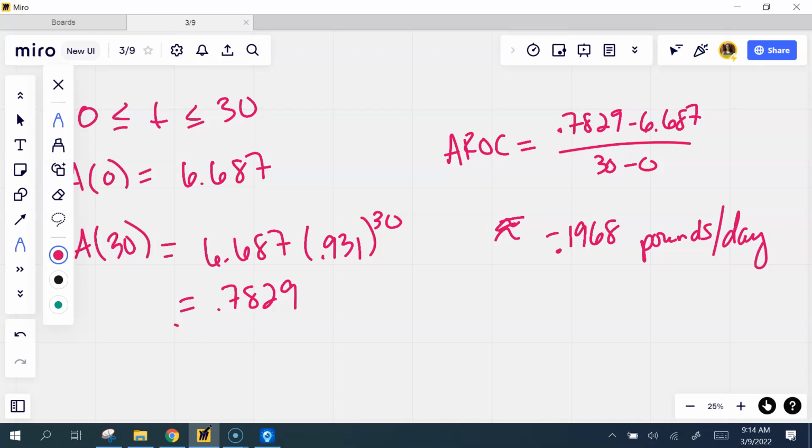This was 1 point for the answer with the units. Nothing else. 1 point.